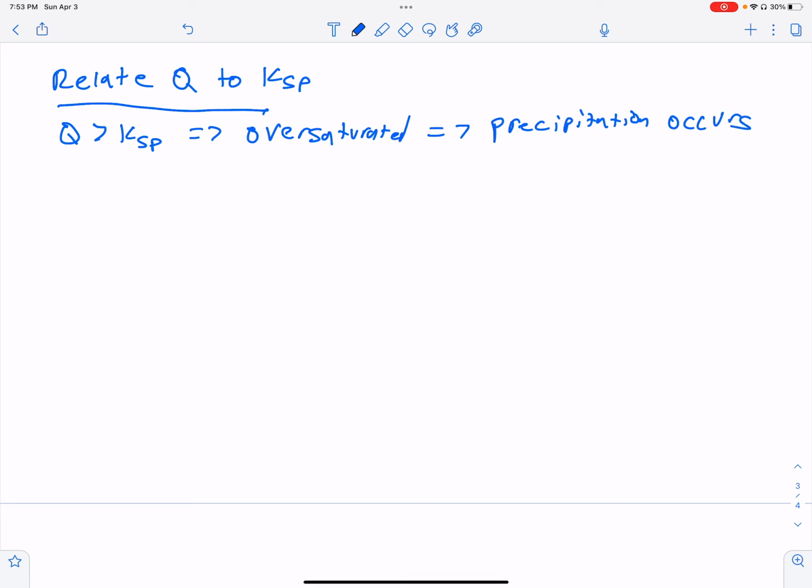Now what if Q is less than KSP? Well, in that case, you have an undersaturated solution. It doesn't have enough ions in it. And because of that, you have no precipitation.